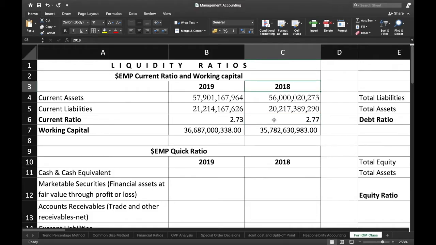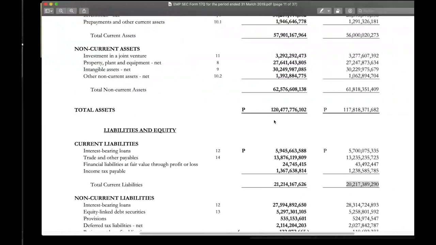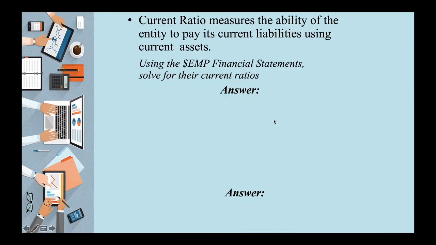Anong ibig sabihin nito? Again, balikan natin yung ating PowerPoint presentation. Sabi dito, when we say current ratio, this measures the ability of the entity to pay its current liabilities using current assets.